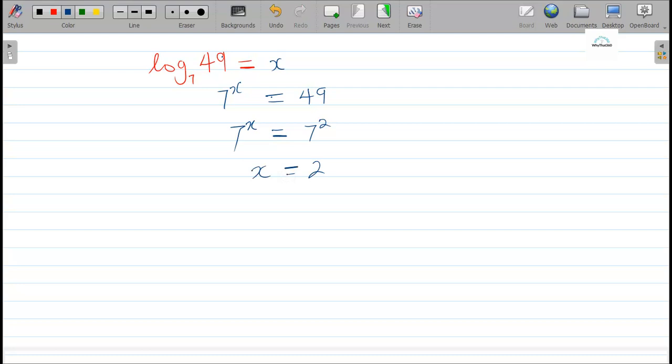Okay, another example: find the log of 27 to the base 3. Let it be equal to y.